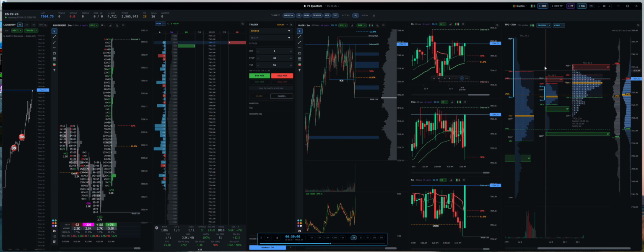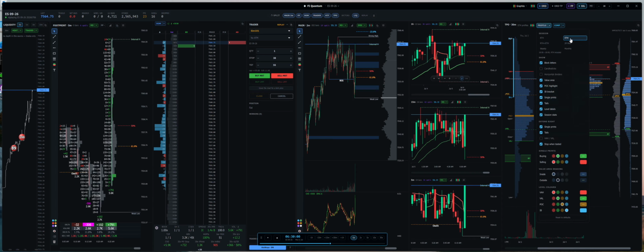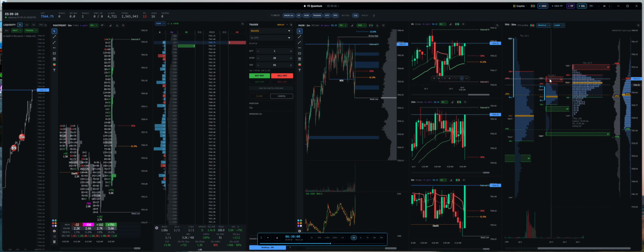This is currently set to ETH, which is the full session from market close to the open. So it's not the regular trading hours, it's the full session, which gives you the full scope of the entire day.